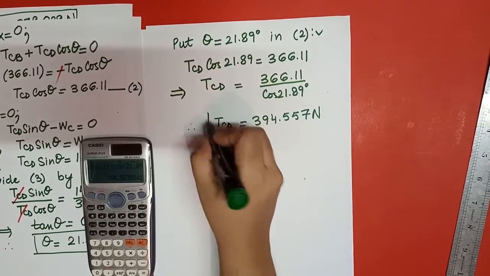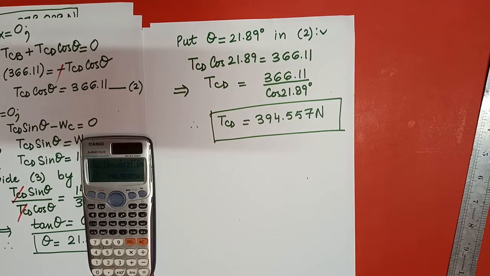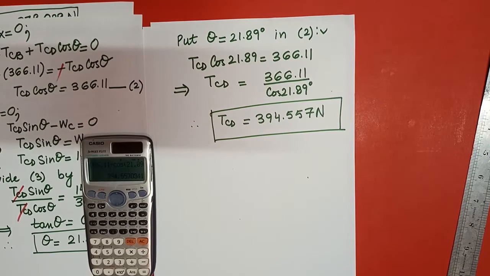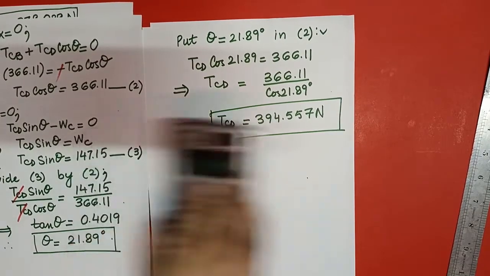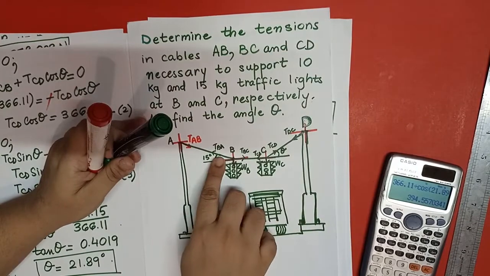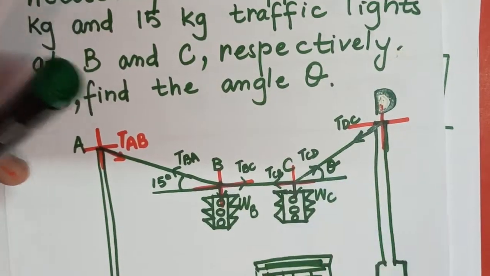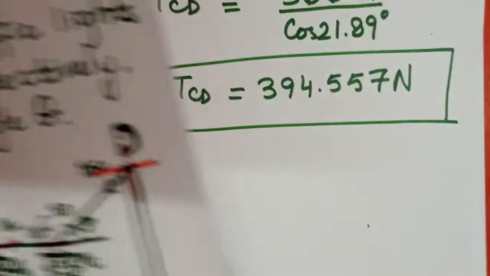So this will be the answer for tension CD. What we have calculated are the tensions in the cables which were given in the question: TBA, TBC, TCD and theta. So we have calculated these things over here.